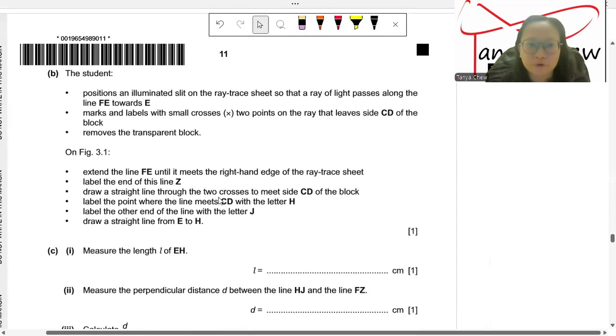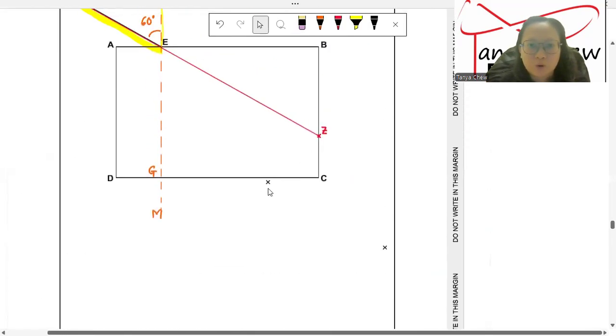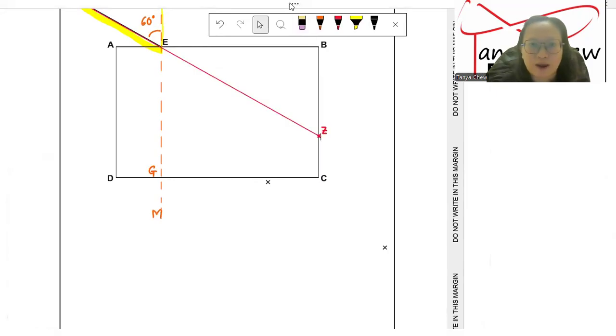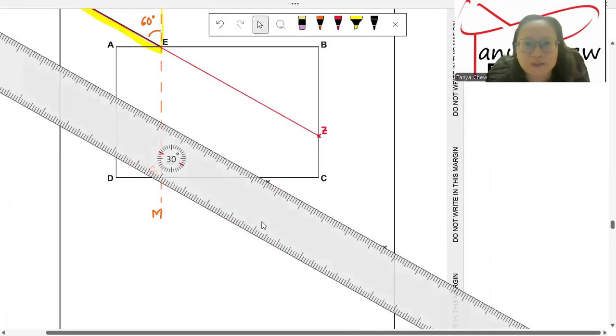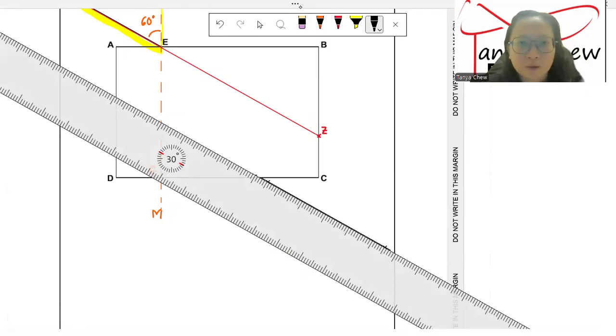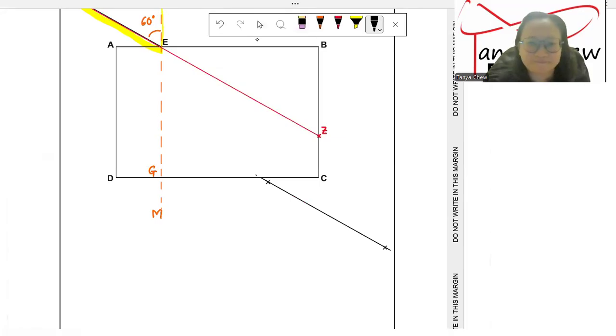Draw a straight line through the 2 crosses to meet side CD of the block. These are the 2 crosses, so I have to draw a line to meet CD. This is the line I'm going to draw. This is it. And then keep the ruler.